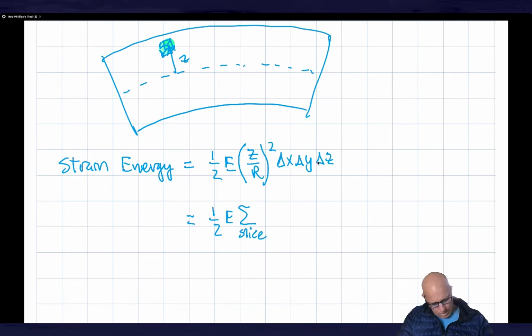What I mean is that I'm going to take this cut through the beam, and that slice is going to be equal to the cross-sectional area of the beam, and then times (z over R) squared, and then delta x.